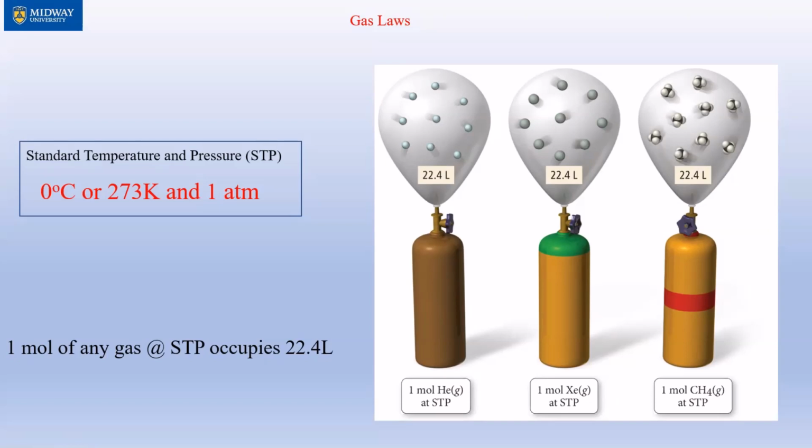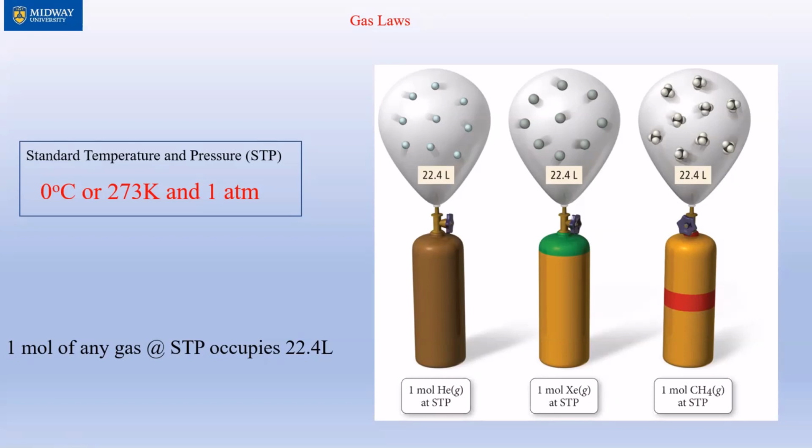There's 2 things. First, each of those gases must be 1 mole, and the temperature and pressure must be either 0 degrees, 273 Kelvin, and 1 atmosphere. That's STP. If these 2 conditions are met, then the balloons will be of the same volume, which will be 22.4 liters.